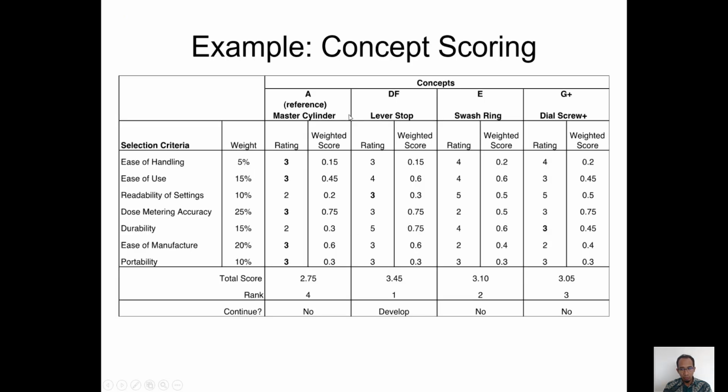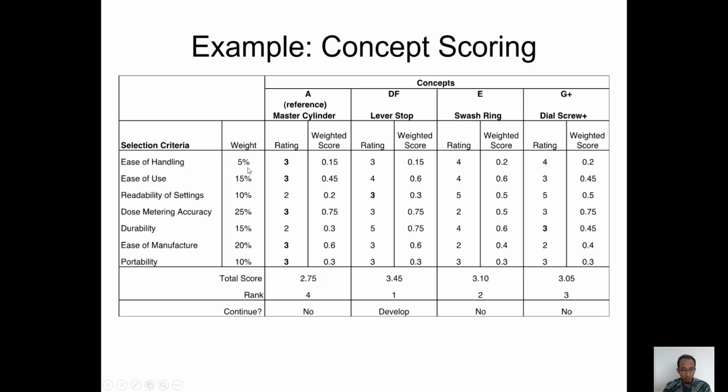So here we will have 4 concepts left, which is A as a reference, DF is the combination concept, E stretching from the previous steps, and the G plus, which is the improvement from G concept. And we will have a weight for every selection criteria.